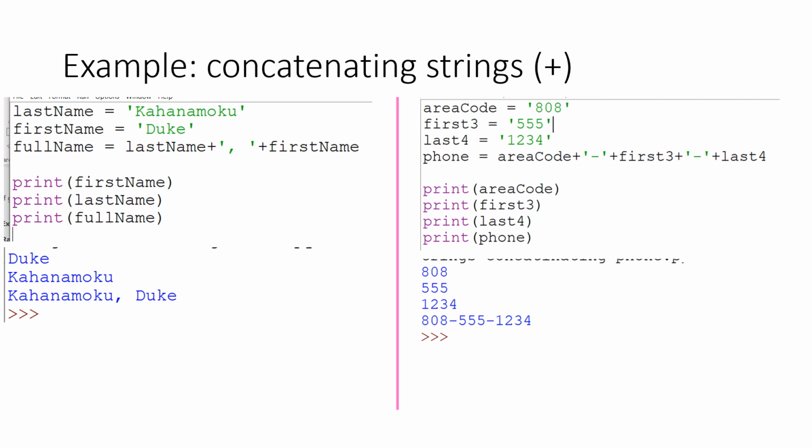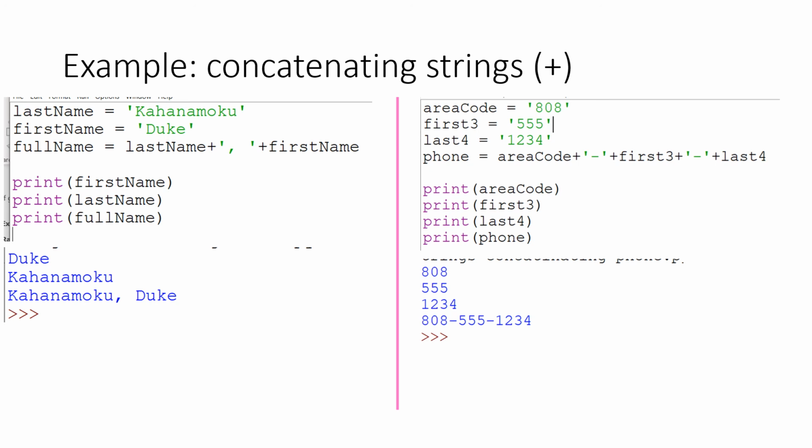So we're going to display the area code, display the first 3, display the last 4, and print the phone, which is the concatenation of the 3 parts of the phone number separated by hyphens. So notice the output, 808-555-1234, and then the full phone is 808-555-1234.